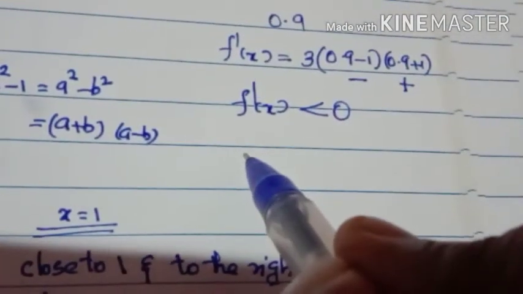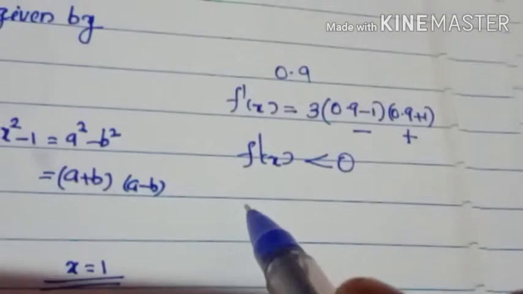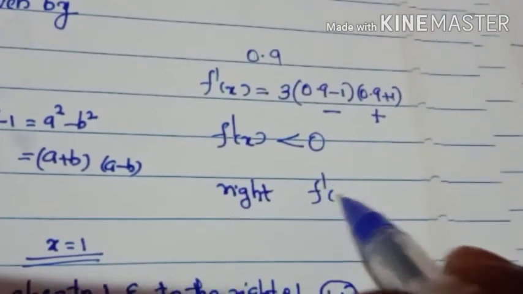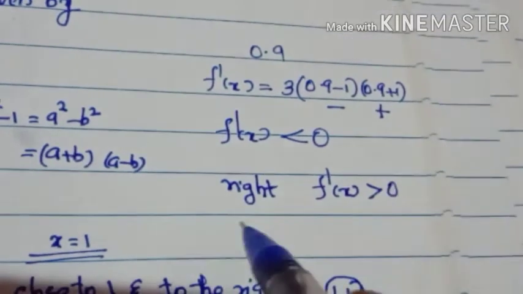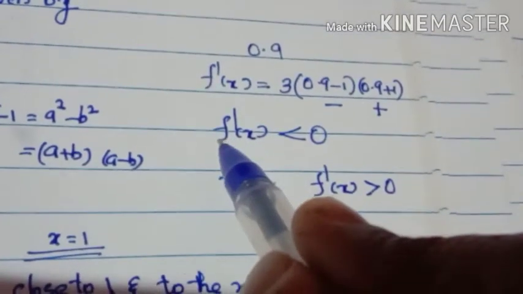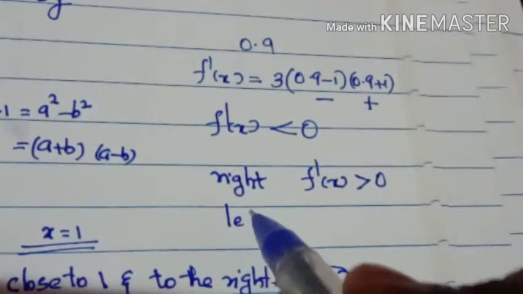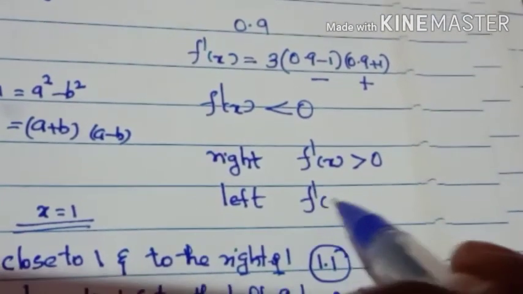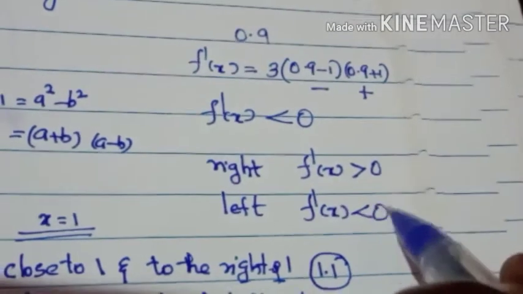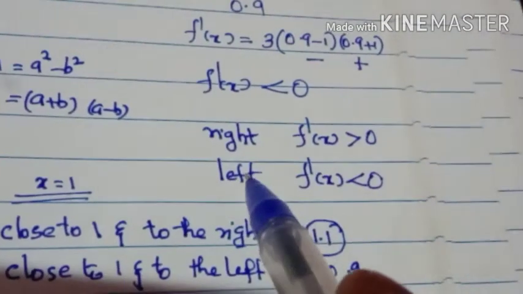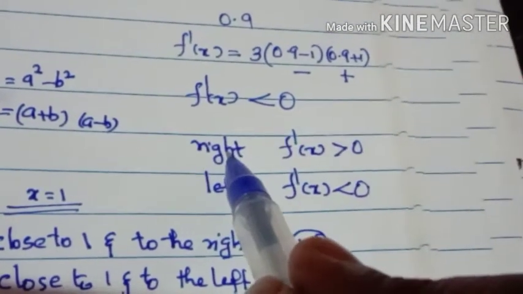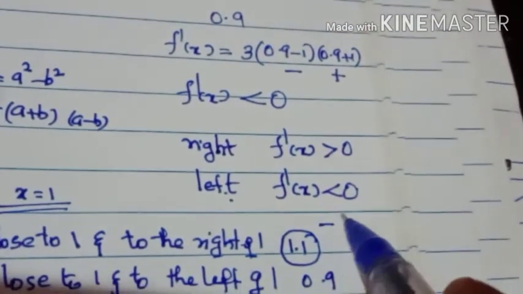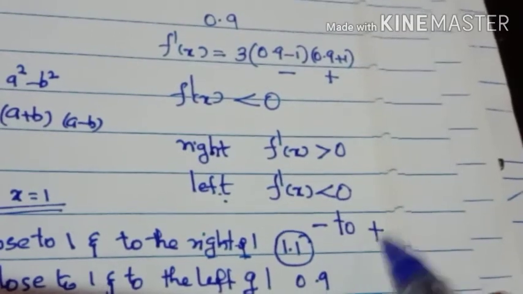So, for any value very close to 1 and to the right of 1, we get f dash of x greater than 0, and for a value very close to 1 and to the left of 1, we noted that f dash of x is less than 0. So from left to right, this goes from negative to positive.